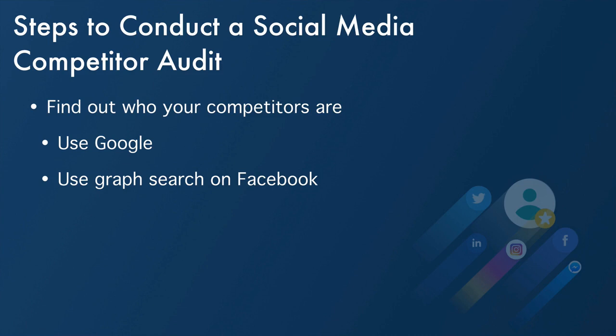So a good starting point regardless of the case is either Google or Facebook or pretty much both. So make a list of all the competitors that you see there, and make a list of competitors that you think are worthy of being your competitors, something you can look up to and benchmark yourself against.